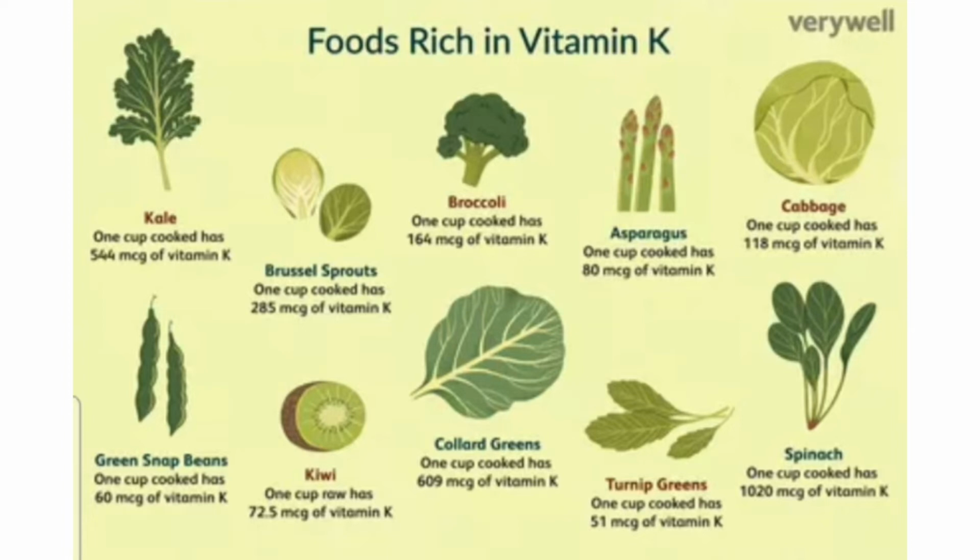So when we consume the liver of animals, as well as the heart, kidney and muscles, these are also sources of vitamin K, but obviously a lower amount is present in them.